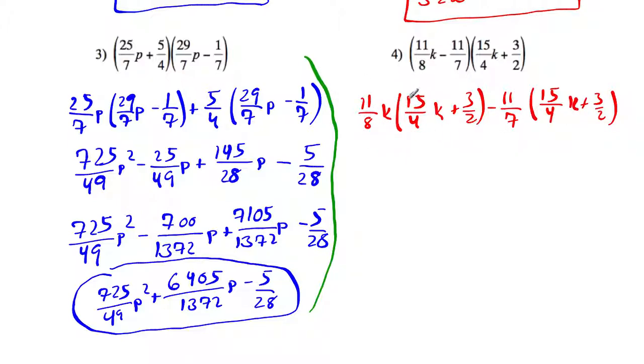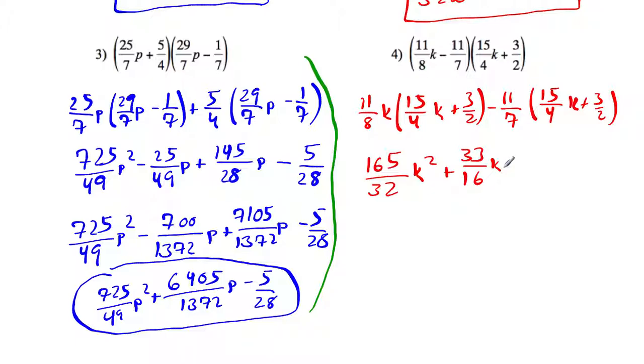We don't have any common factors, it looks like, so it's a little bit of a letdown, so we're going to have to do this crazy multiplication again. So 11 times 15 is going to be 165. 8 times 4 is 32, k squared. Again, no common factors, so we get 33 over 16, and that's a k.